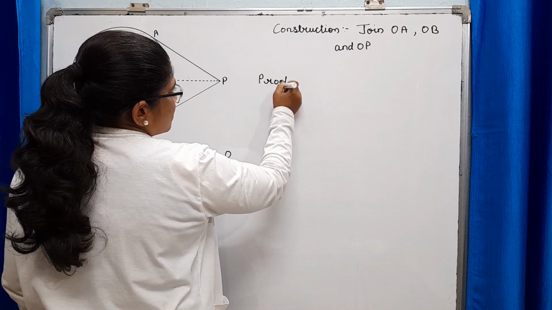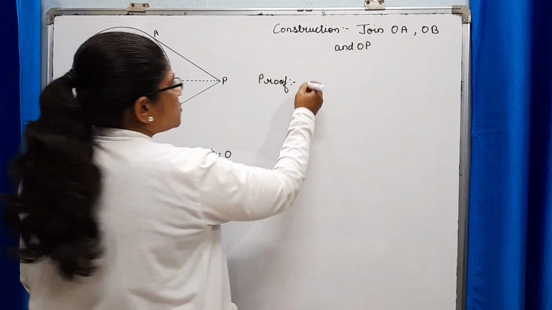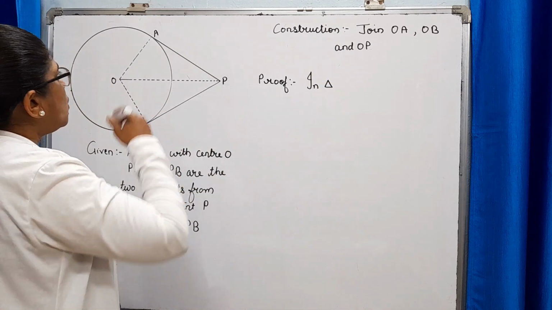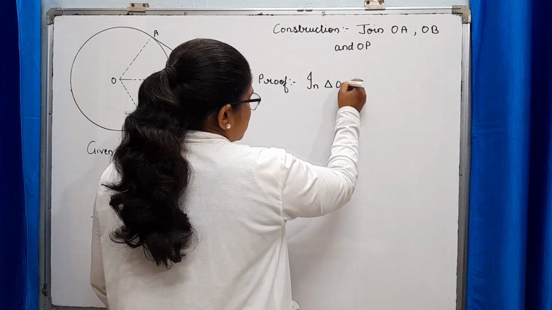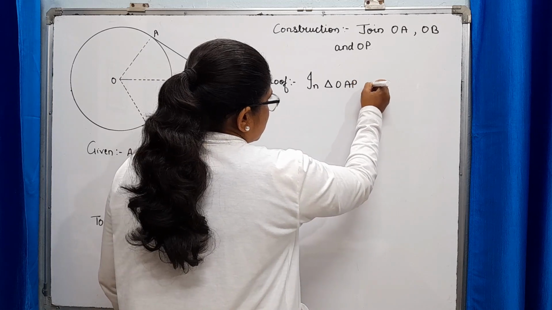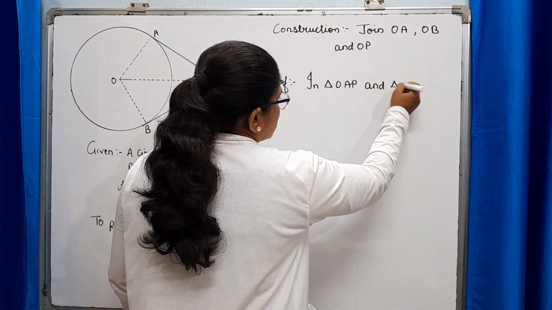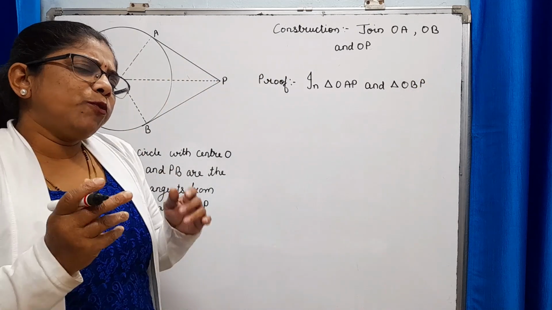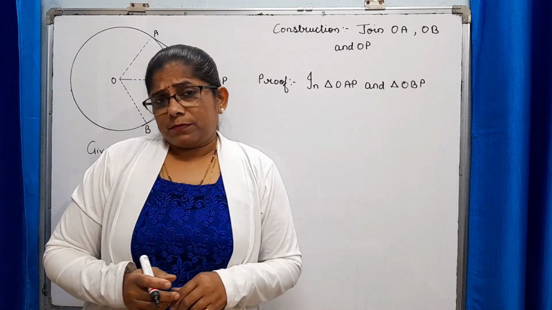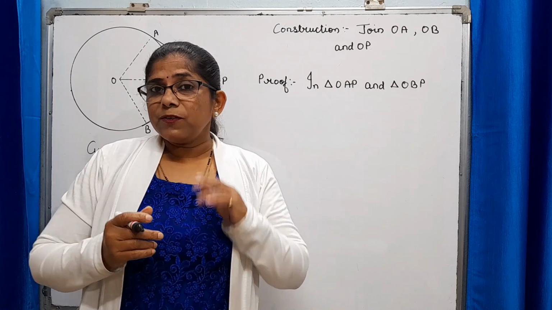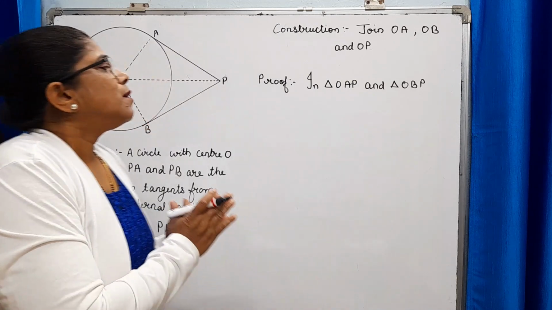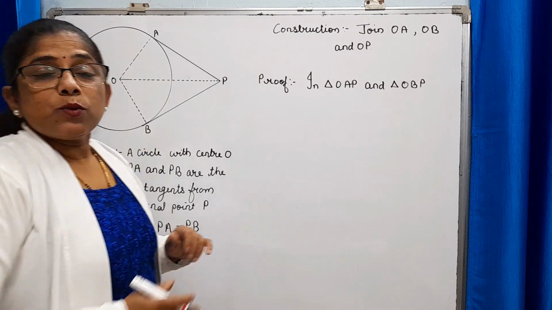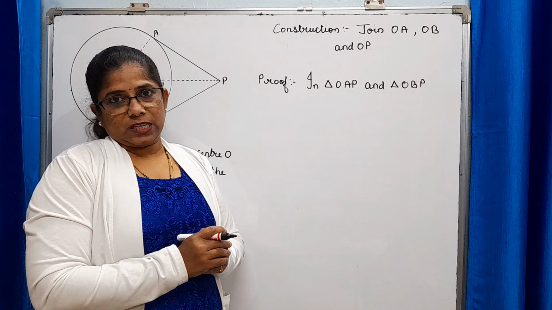Proof. Okay, let's consider these two triangles. In triangle OAP and triangle OBP, what did we prove in our previous theorem? Do you remember what our previous theorem was? The first theorem of the chapter circle: the radius is always perpendicular to the tangent at the point of contact.